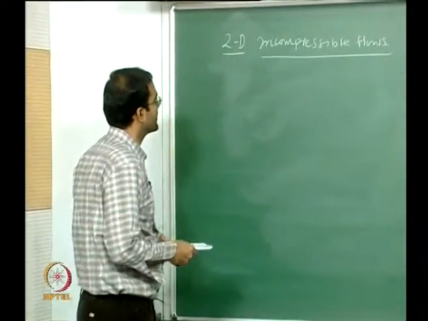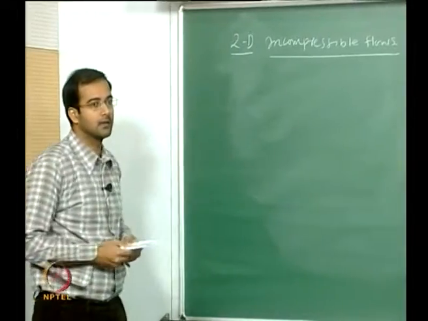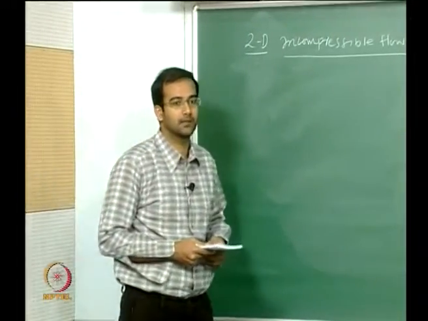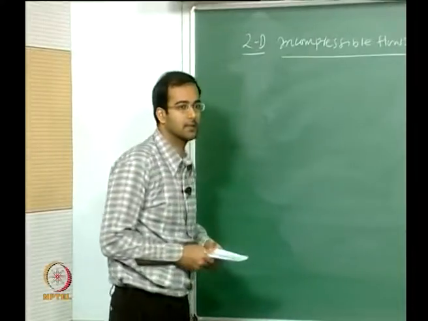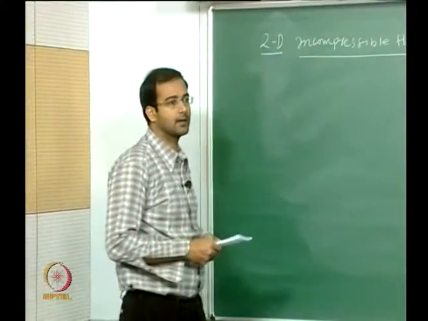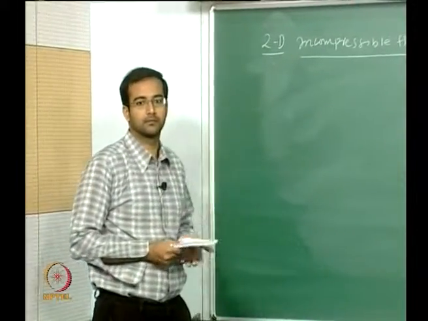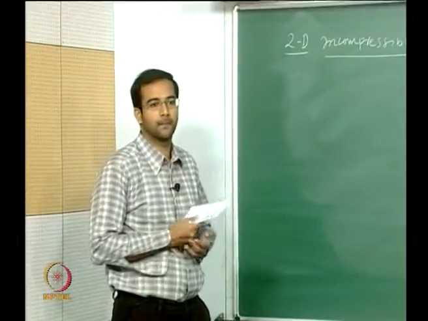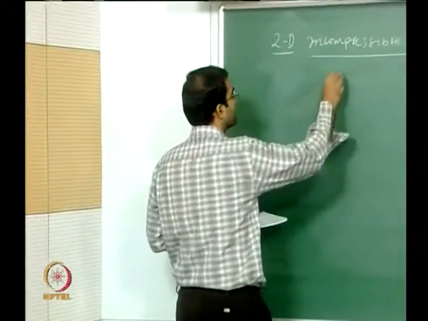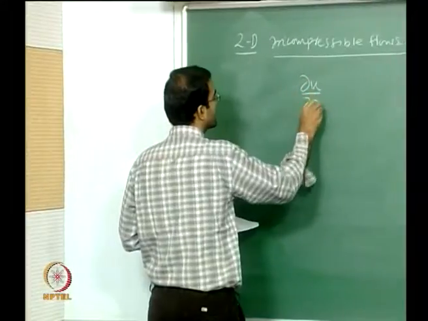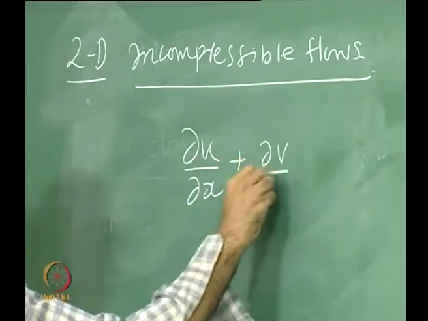From the continuity equation, you have to tell me for 2D incompressible flows, what is the continuity equation? Let us assume Cartesian coordinate system. Okay, so du/dx plus dv/dy equal to 0.